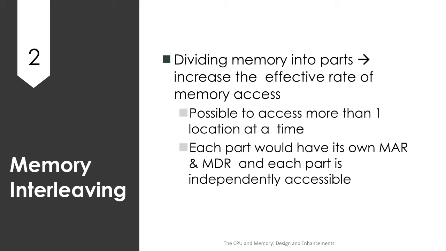And the most effective part of this method is that each of the divided parts has its own MDR and MAR. Therefore, all of the memory parts can transfer their data to the CPU simultaneously, resulting in more than one data being transferred at one time to the CPU.